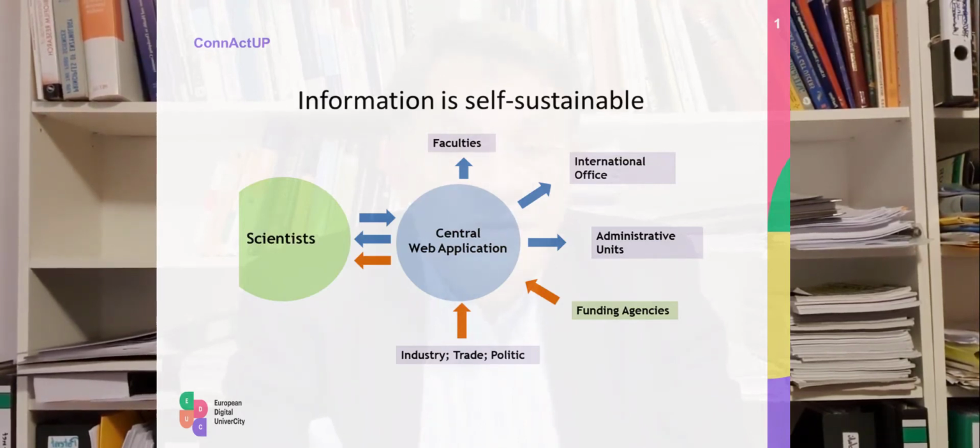The faculties, the international office, and the administrative unit can gain information out of this. In future, we also would like to integrate funding agency information in this platform so it can be disseminated timely and appropriately to the scientists to apply for grant opportunities the moment they get the information.